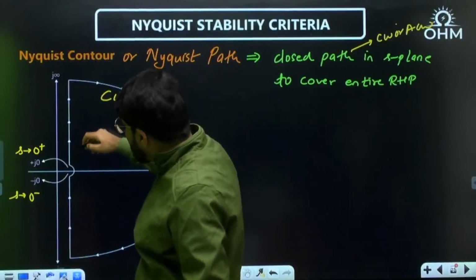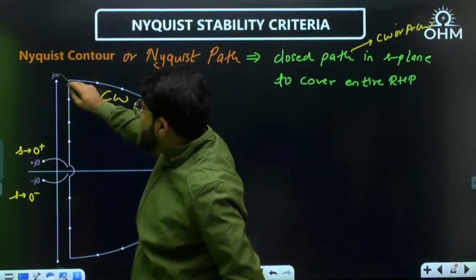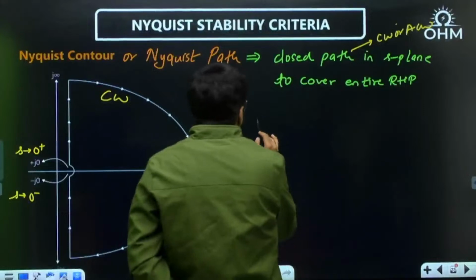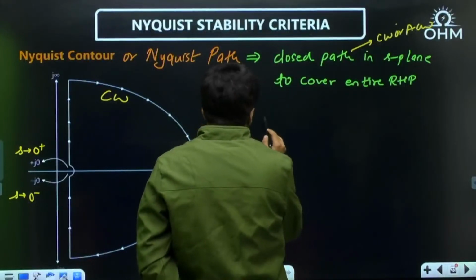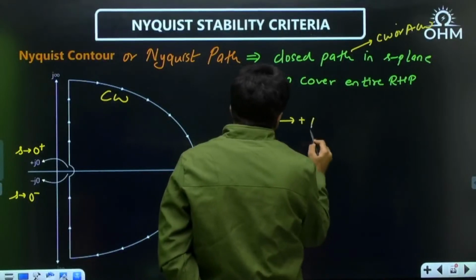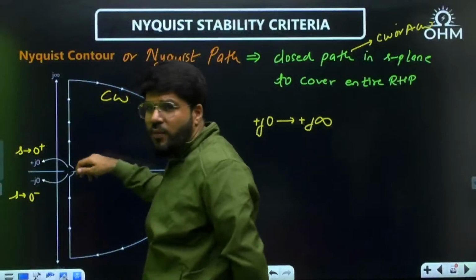Running along the y-axis, I reach the top, that is plus j infinity. Let me describe it. From s equal to plus j0, I go to plus j infinity along the y-axis.